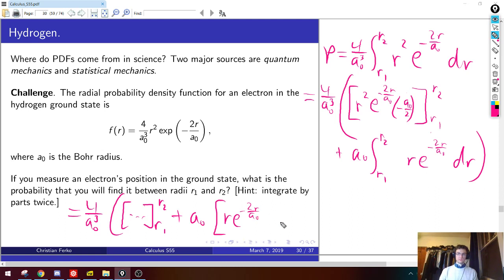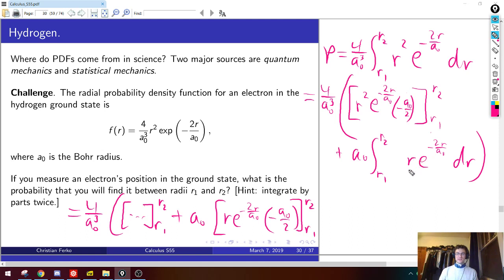Which is then times, I'm gonna write this time. You got this. It would be, yeah, negative 2 over, no! That's the derivative. You want the integral. A naught over negative 2, or negative a naught over 2. Good. R1 to R2. Alright, good.